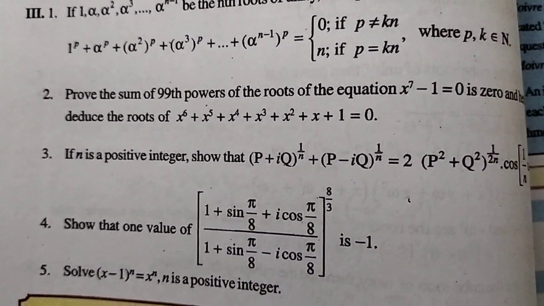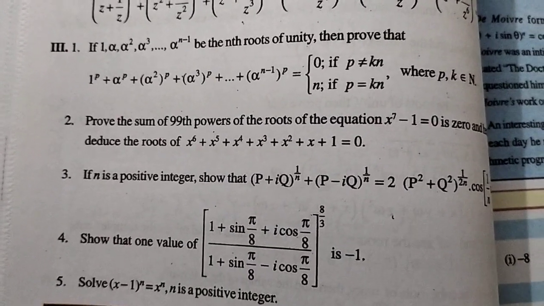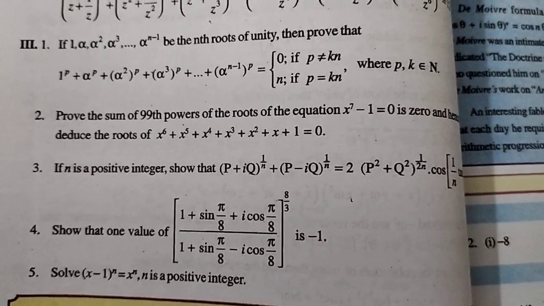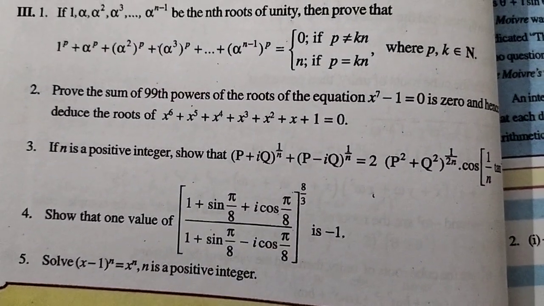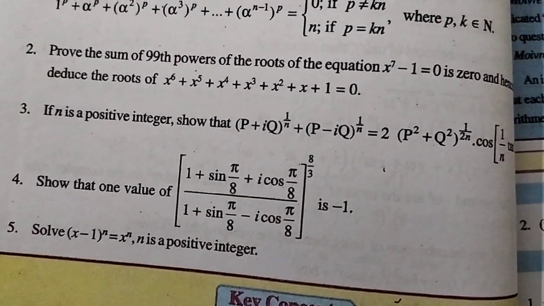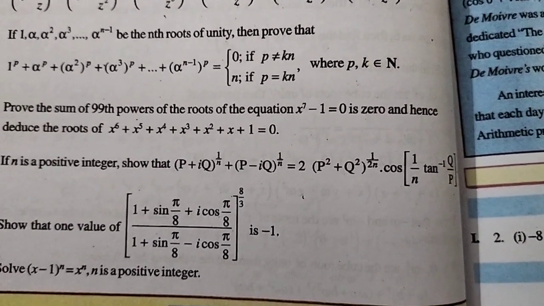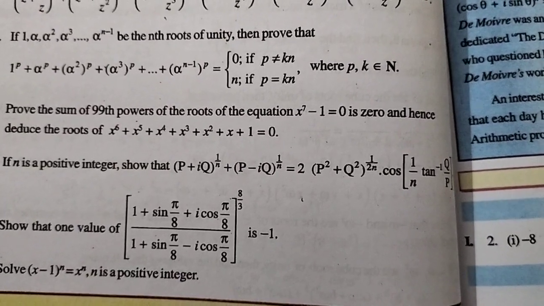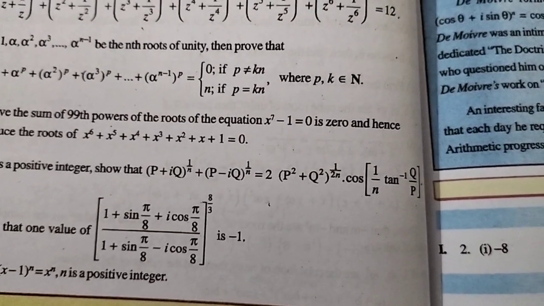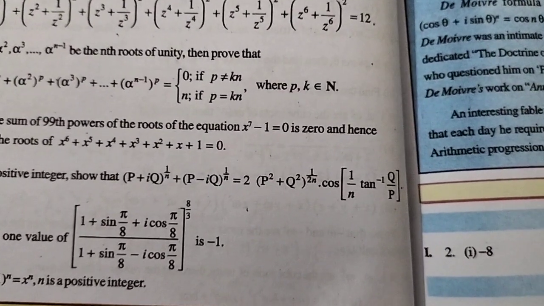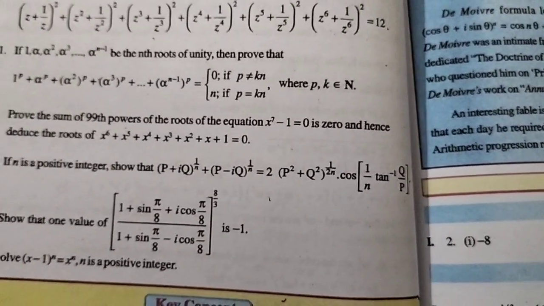If you see here from page number 48, Roman number 3, the third question is important for the board exam. If you see the question, if n is a positive integer, he is asking us to show (p + iq)^n + (p - iq)^n = 2(p² + q²)^(n/2) cos(n tan⁻¹(q/p)).